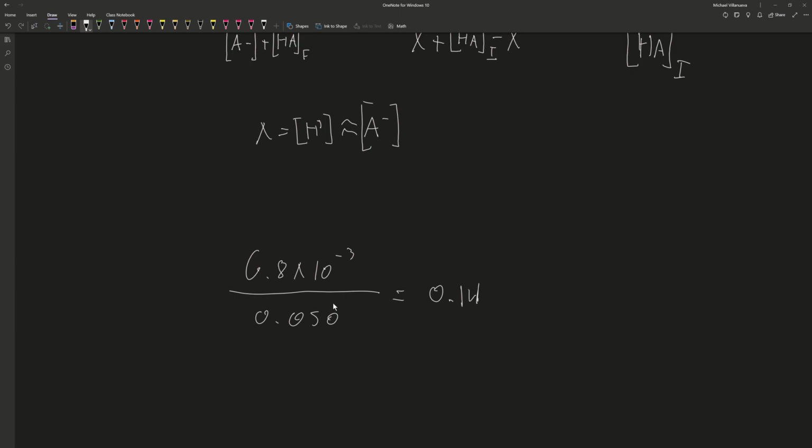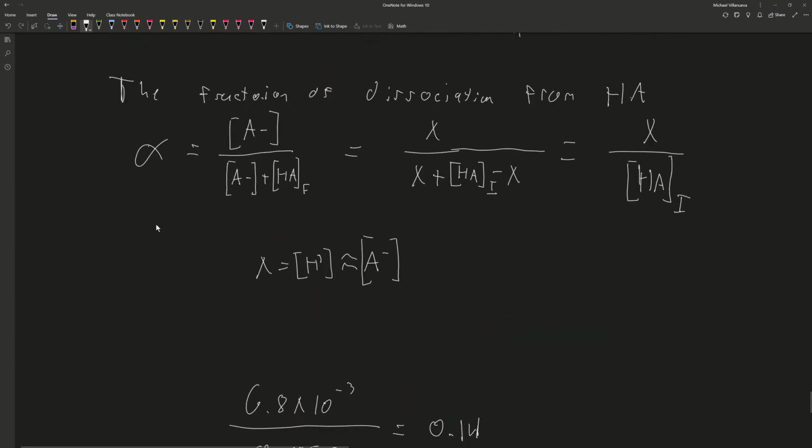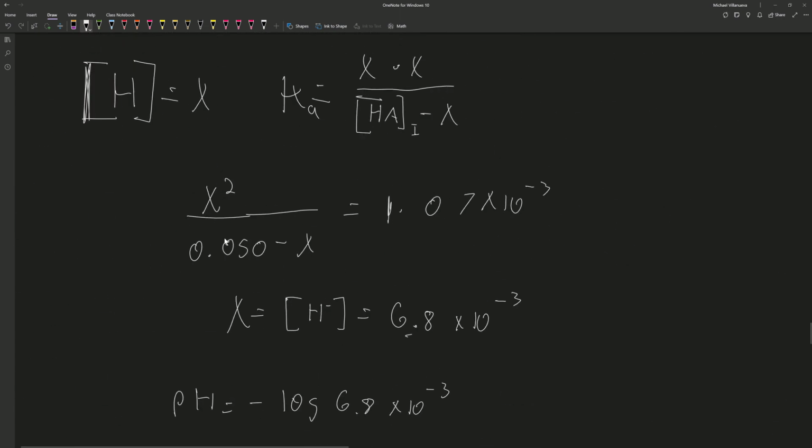So this is our dissociation fraction. If we multiply it by 100, we get our percent dissociation. 0.14 times 100 is equal to 14% dissociation. So 14% of our acid dissociated in our previous problem over here.